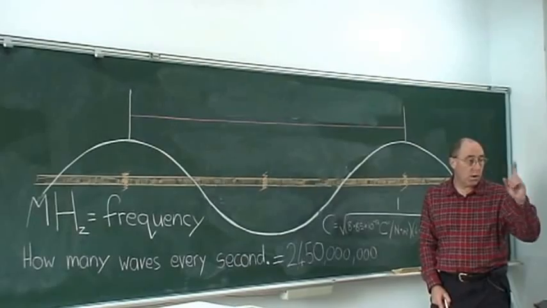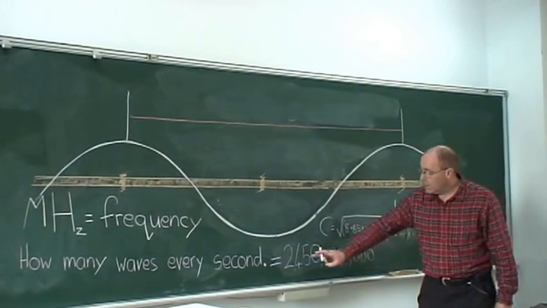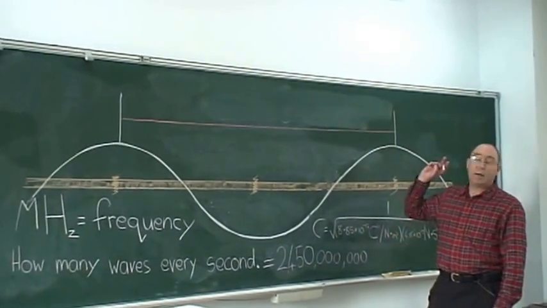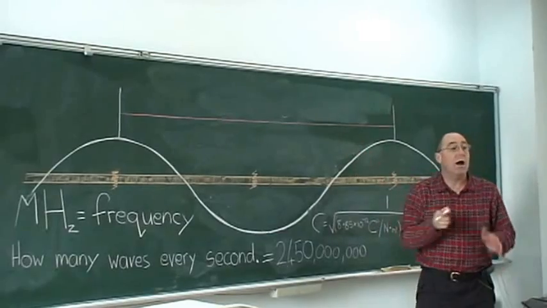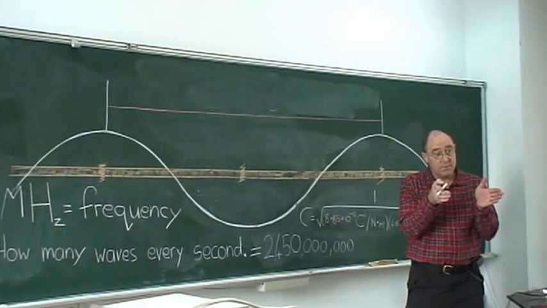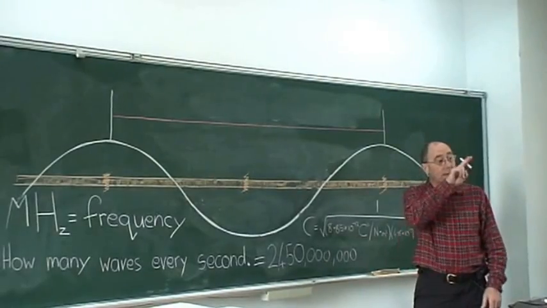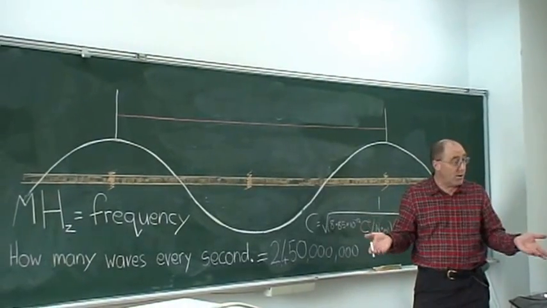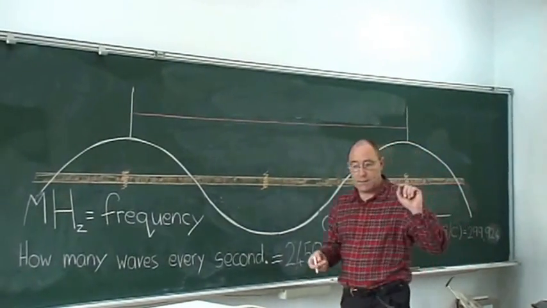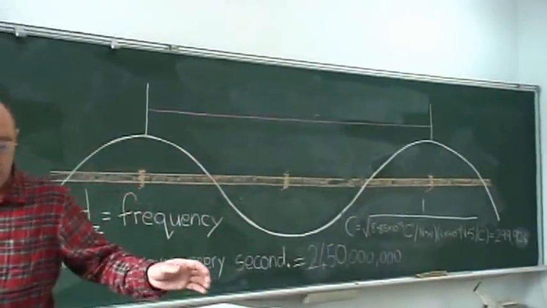If I can measure from here to here, I know how long each wave is. If I know how long it is and how many, if I multiply them, I know how far it's gone in 1 second.